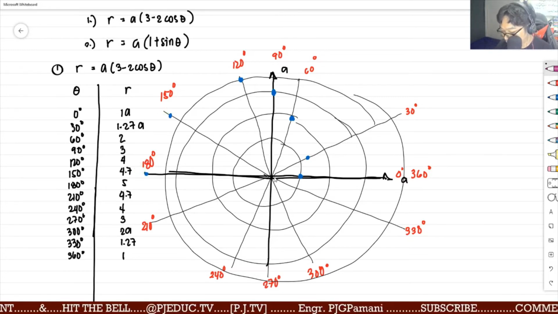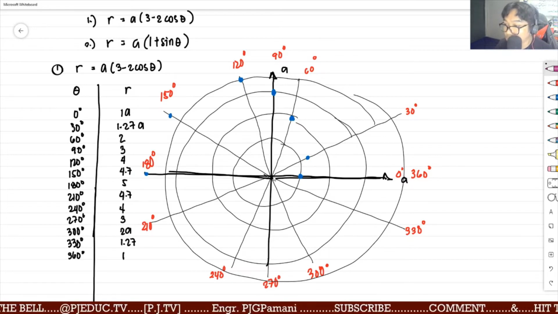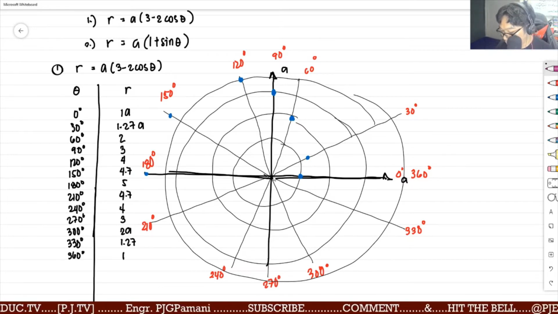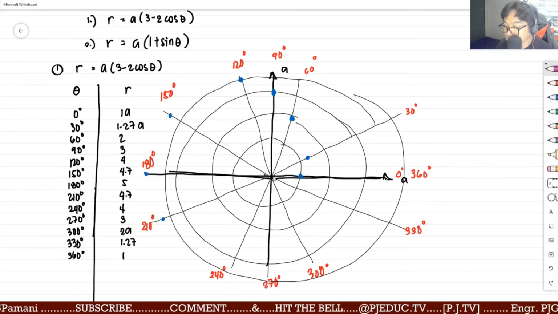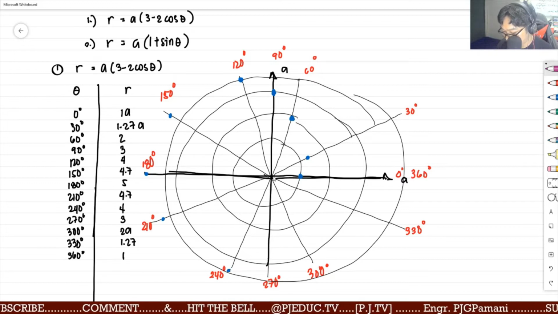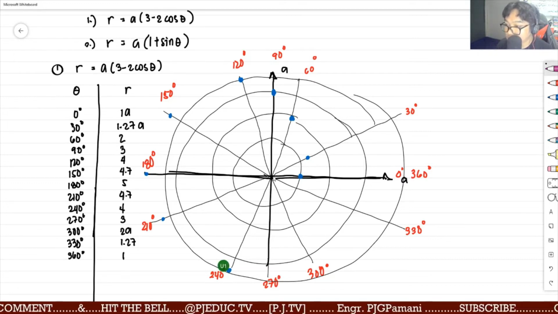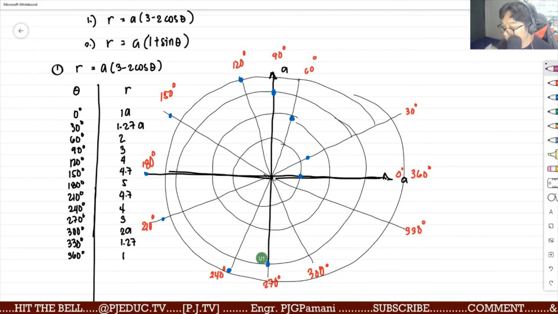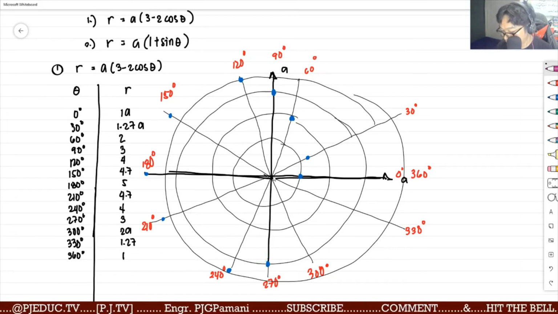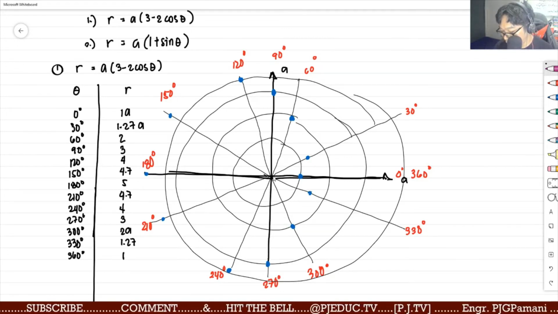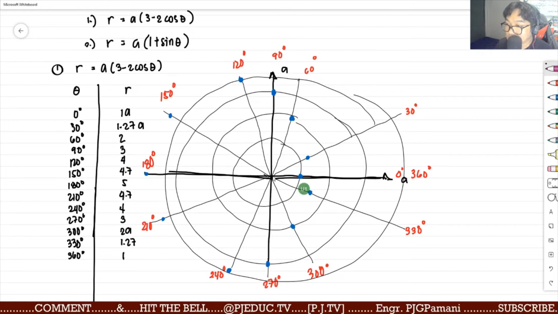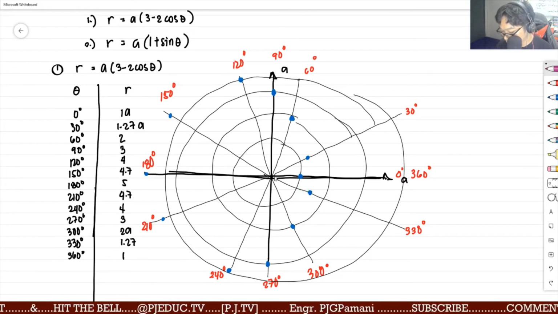Then so forth and so long. 210 is 4.7, then 240 is 4. 270 is positive 3. 300 is 2. 330 is 1.27. And 360 is 1. Then you can now connect the dots.